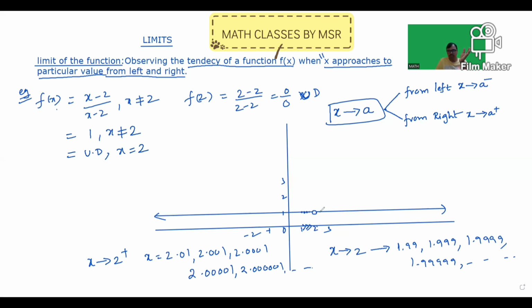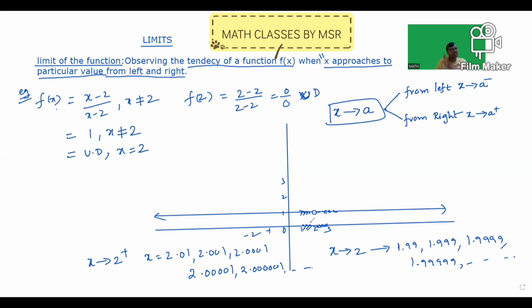Yes or no? And from the right side also. So 2.01, 2.001, and so on, all these values which are approaching 2 from right, there also the value is approaching which value?